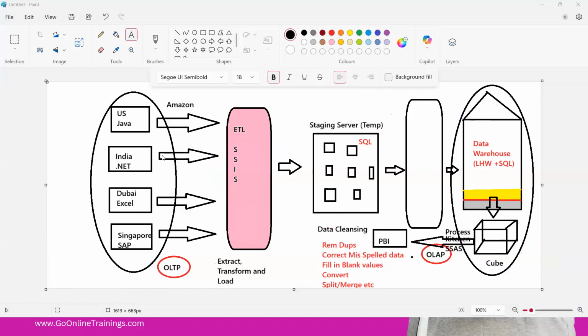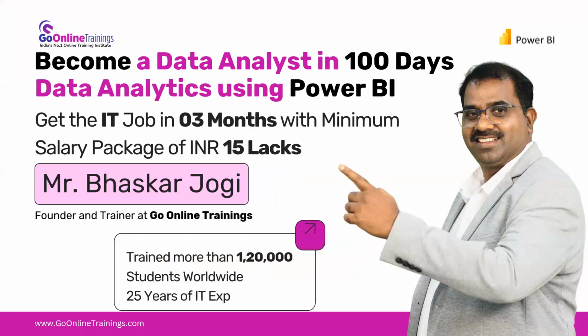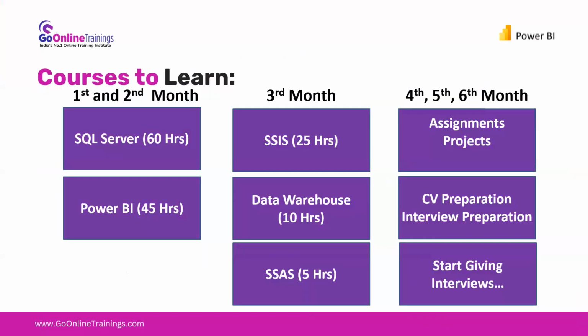From tomorrow, we are going to be learning SQL Server, Power BI, SSIS, and data warehousing. More importance will be given to SQL Server. Even though all of these are important, 60% of the interview weightage is only for SQL, and 40% for the rest.